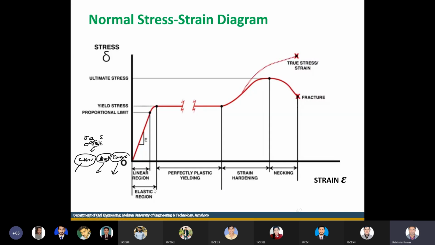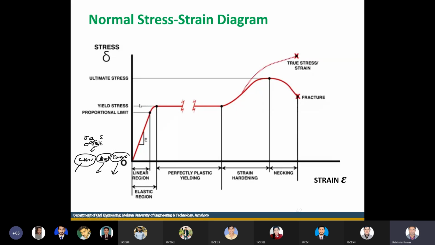The elastic region is the region where, when you unload the object or release the forces, the material bounces back to its original position. That is the elasticity of the material. It will not show any deformation.